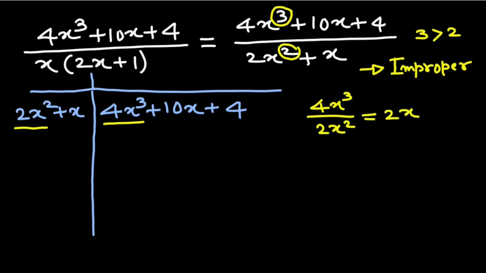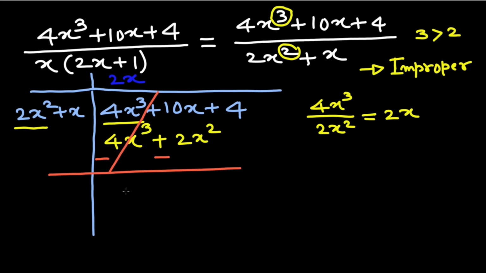We write this 2x over here and multiply this divisor 2x square plus x by 2x and write over here. That gives us 4x cube plus 2x square. We change the signs so this gets cancelled.